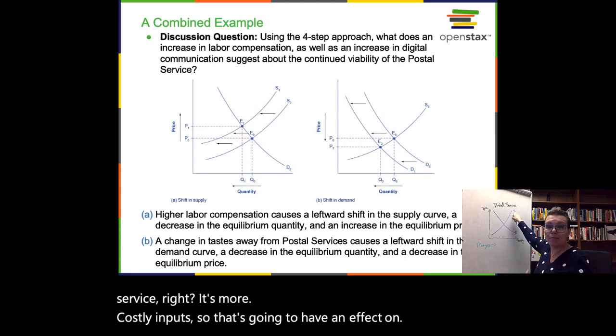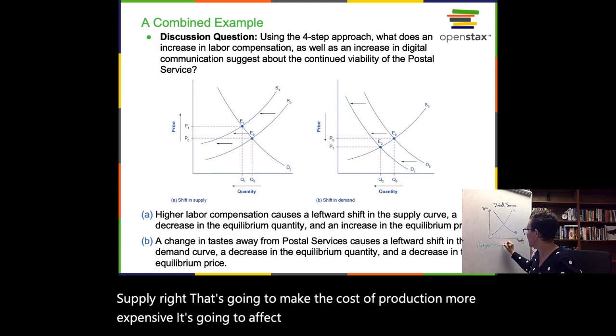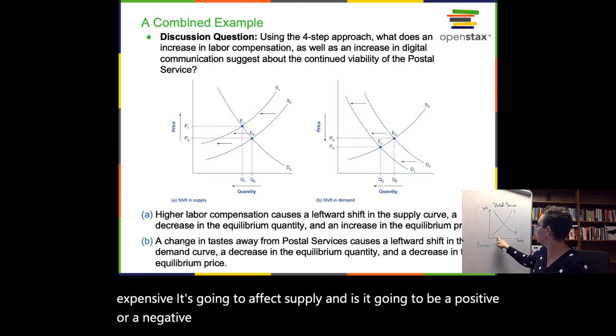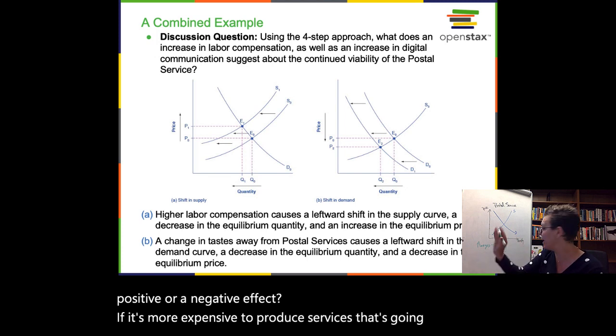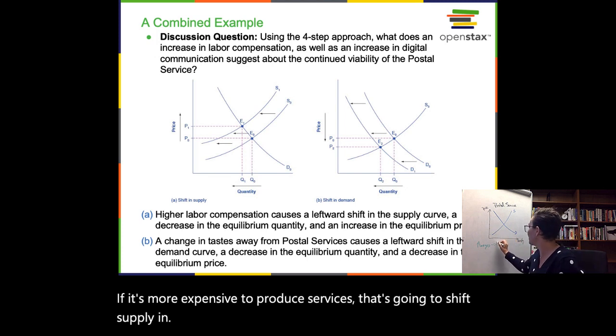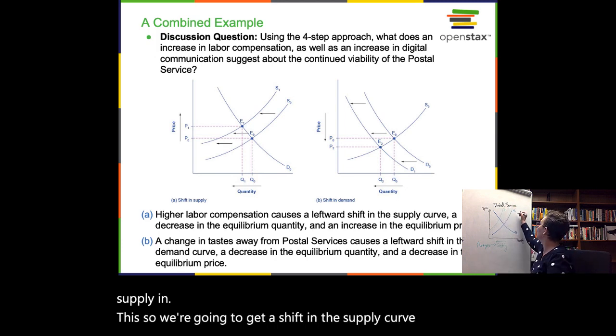That's going to make the cost of production more expensive. Is it going to be a positive or a negative effect? If it's more expensive to produce services, that's going to shift supply in, like this. So we're going to get a shift in of the supply curve from the initial level.